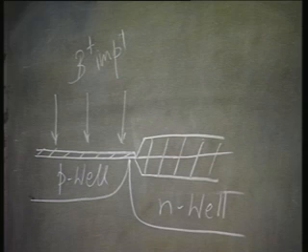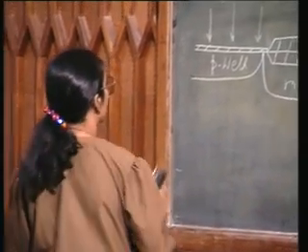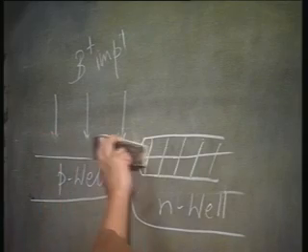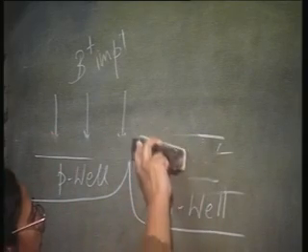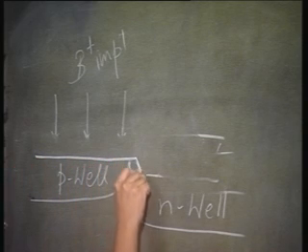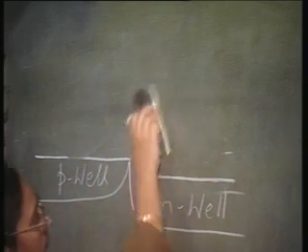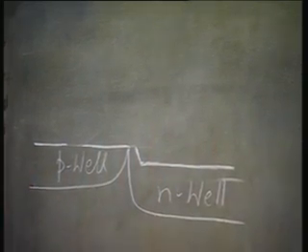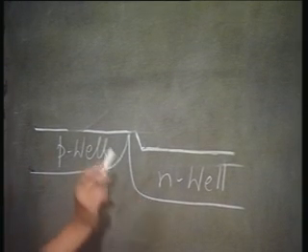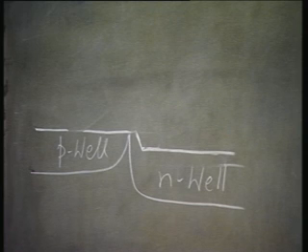Then you can do a common drive-in step together, so as to obtain the necessary depths of the P wells and N wells after removing all this oxide. You have your P well and your N well, and demarcating the two regions you also have a step.